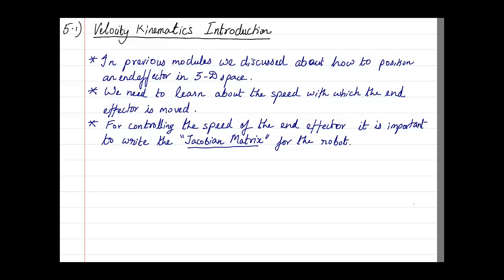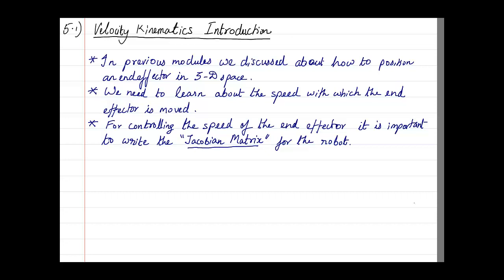It's a basic understanding, isn't it, that if we have, let's say, a joint to which a link or a tool is attached, and the tool has to move at a particular speed, it's the joint which has to move at a certain speed. It's the joint that will decide the speed of the end effector.